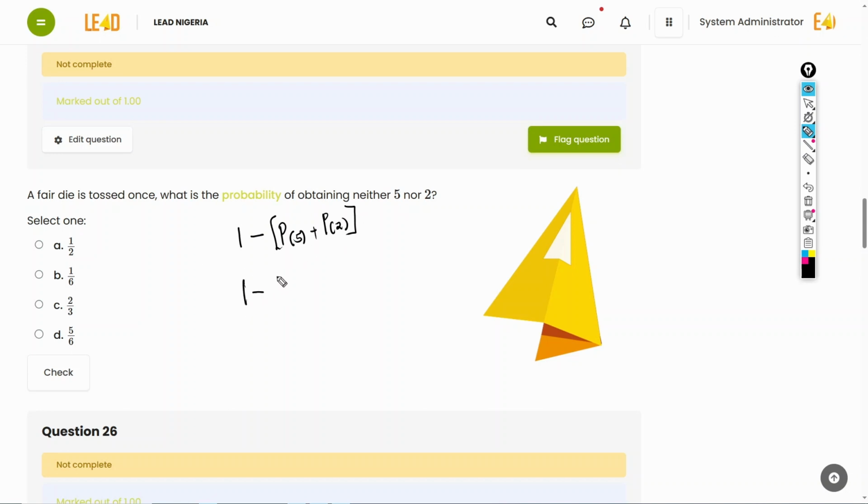So that will be 1 minus, the probability of obtaining a 5 is 1 over 6 plus 1 over 6, which is going to be 1 minus 2 over 6, which gives me 4 out of 6, right? Or 2 out of 3.